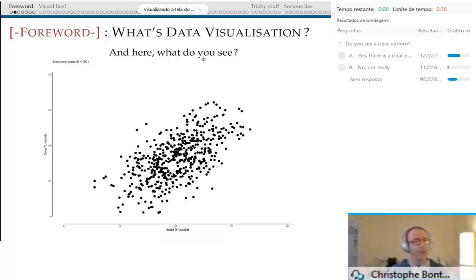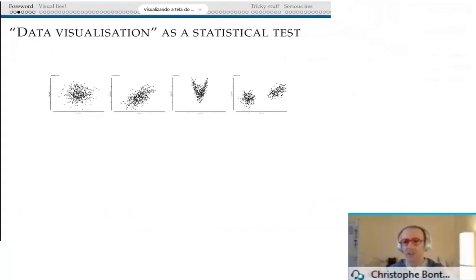And probably if we were in the same room, you would have told me correlation or some covariance of the variables or whatever. In fact, if I did this exercise here, and we may do as many other types of graphic we want, for example, in this graphic, you probably would have told me, oh yes, there is a U shape, I can see it. Or on this one, there are 2 groups.